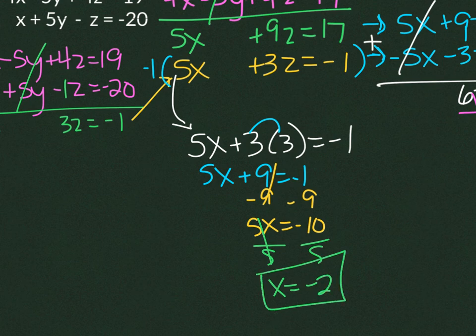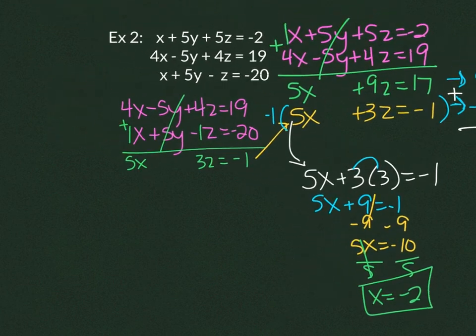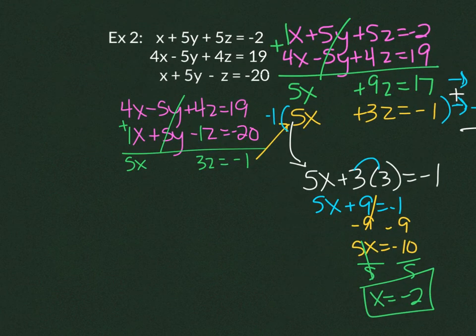Okay, now I know my x and my z value. So I'm going to come back to one of my original 3 equations, the ones that have all 3 variables. I'm going to replace x and z and solve for y. I'm going to go with the top equation because I'd rather deal with a -2 than 19 or 20.